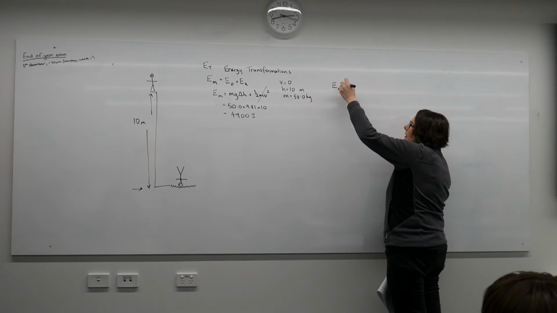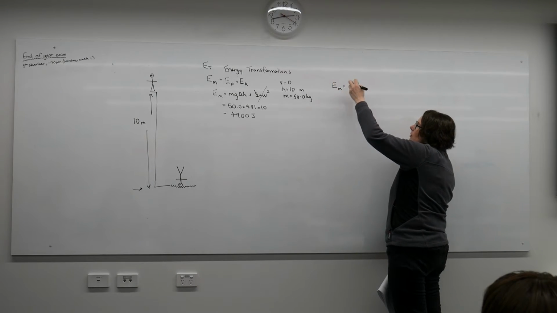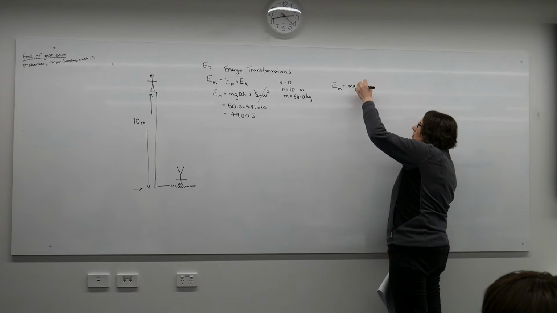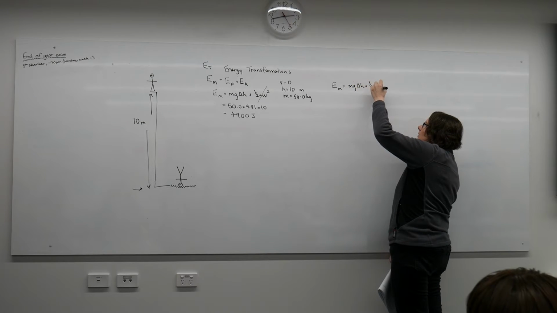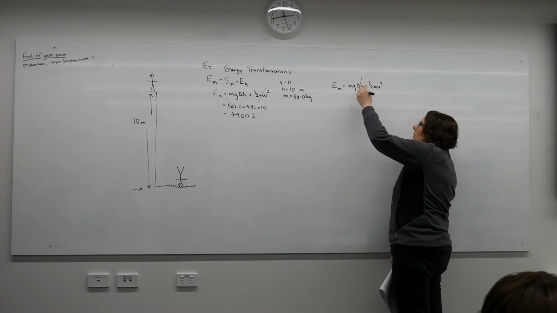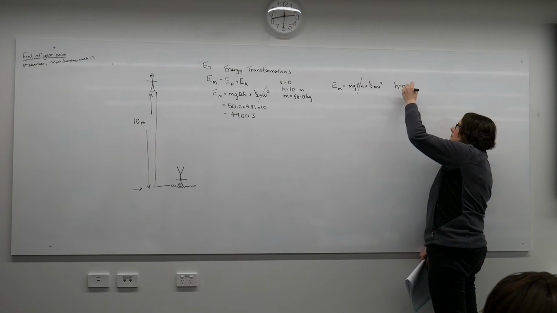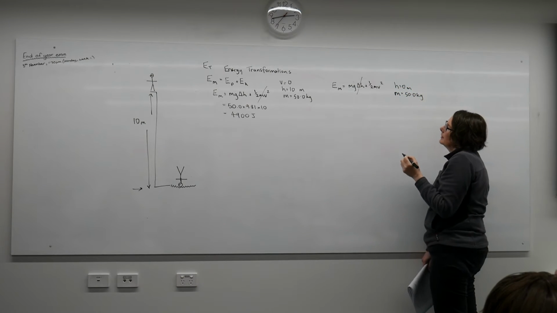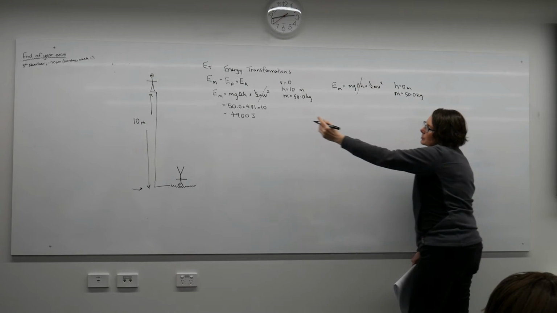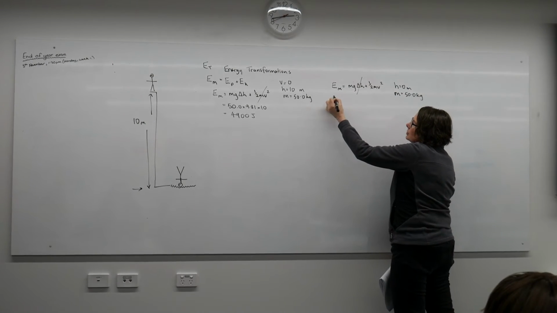So all of her mechanical energy then, like we already know, is mg delta h plus a half mv squared. But now the height is 0. And so this part here comes across for energy.